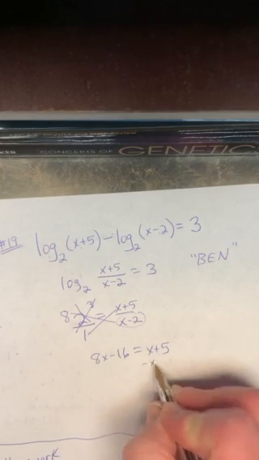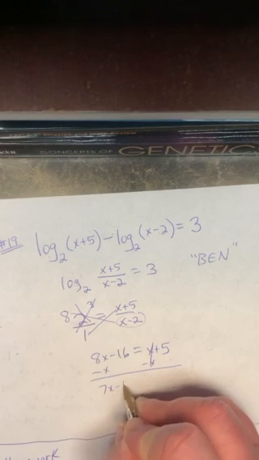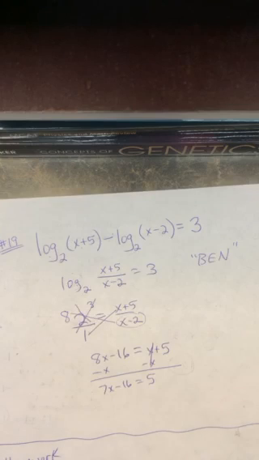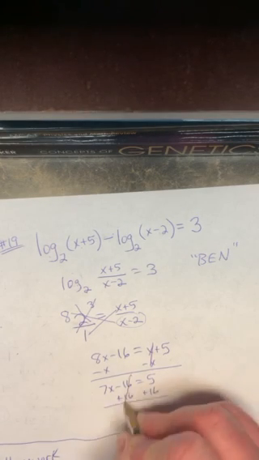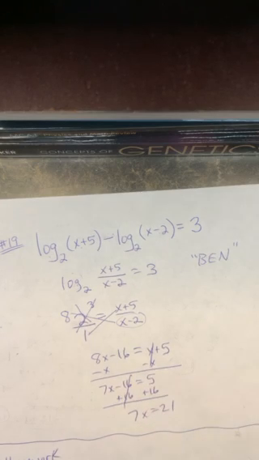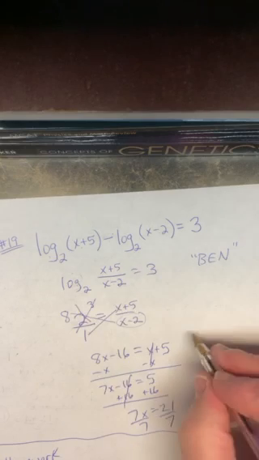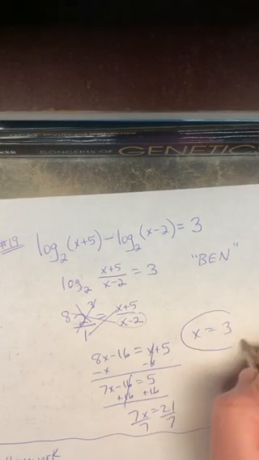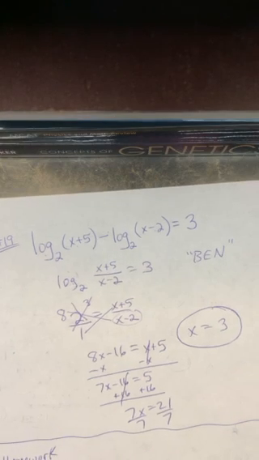I'm going to minus over the x, giving me 7x minus 16 equals 5. Add over the 16, get 7x equals 21. Divide by 7, we did it. X equals 3. Cool.